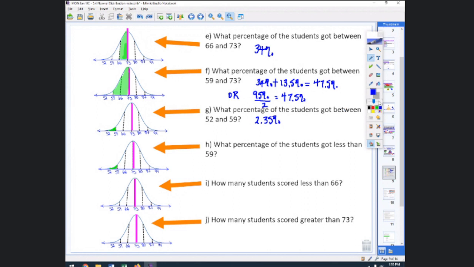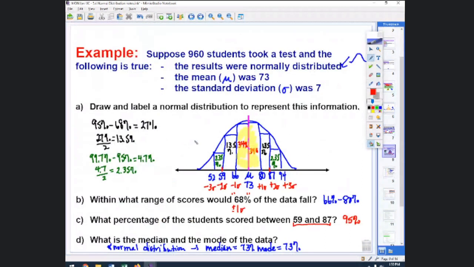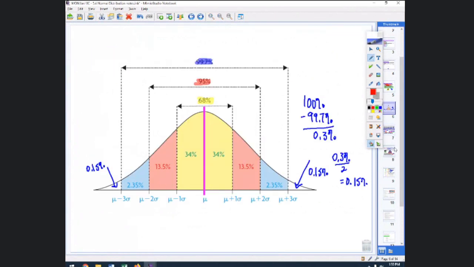If it's less than, I have to get the little piece on the end too. Does anyone remember what that little piece on the end was? Wasn't like 0.3? 0.15, I think, isn't it? 0.15%.